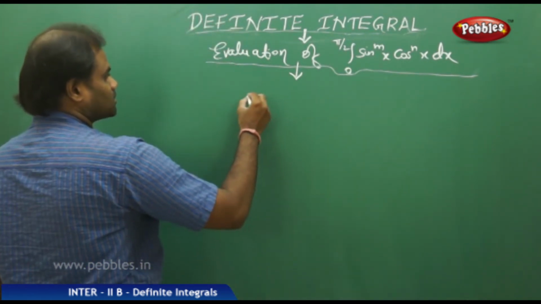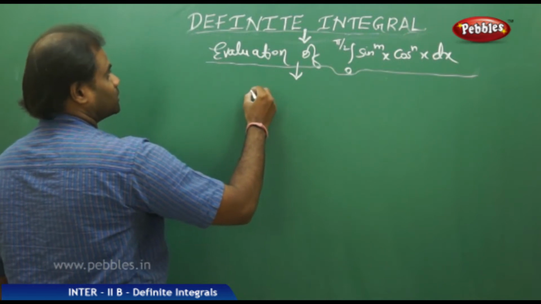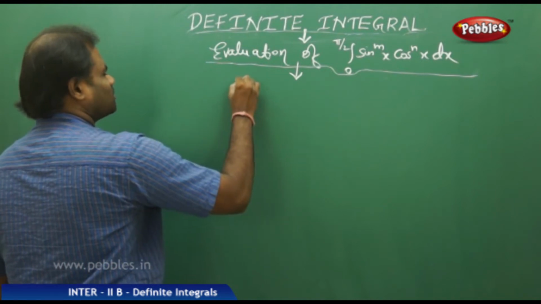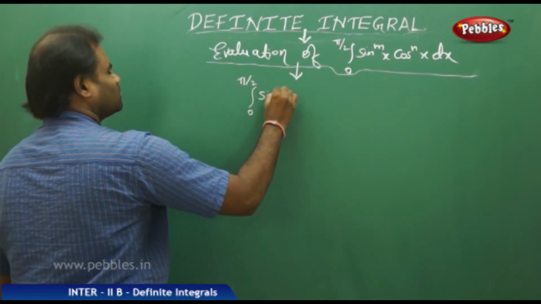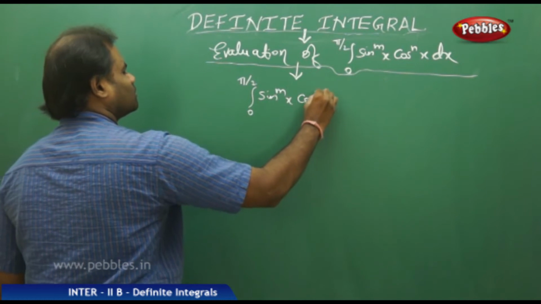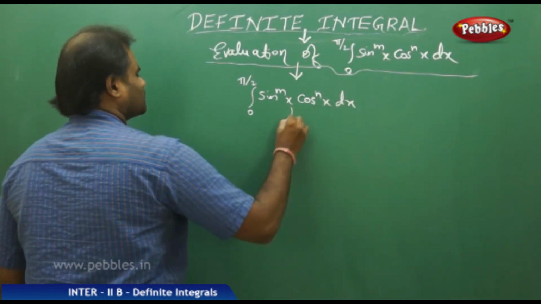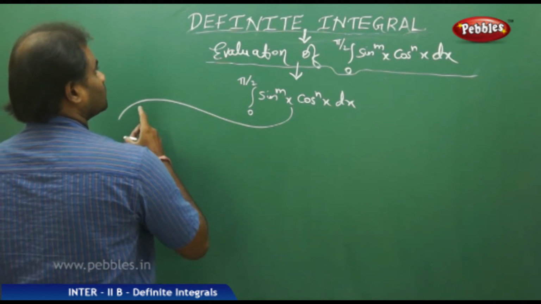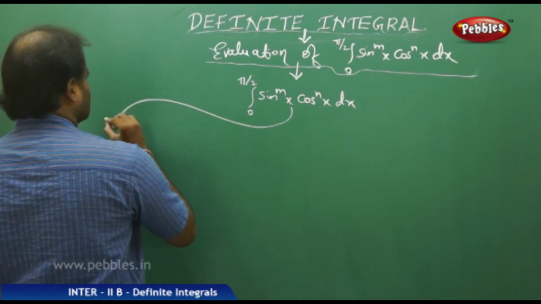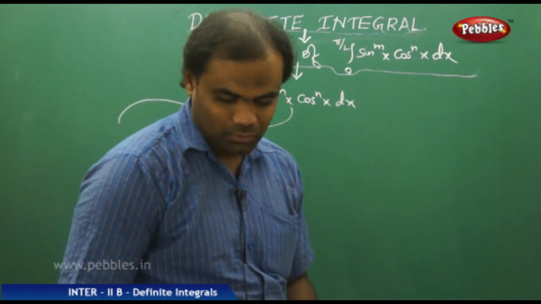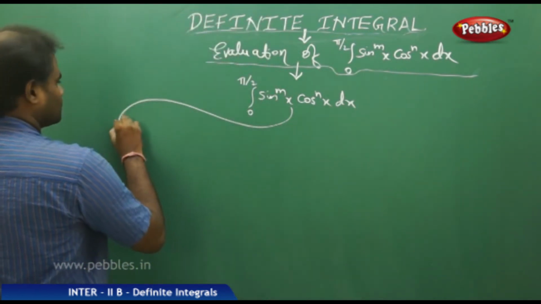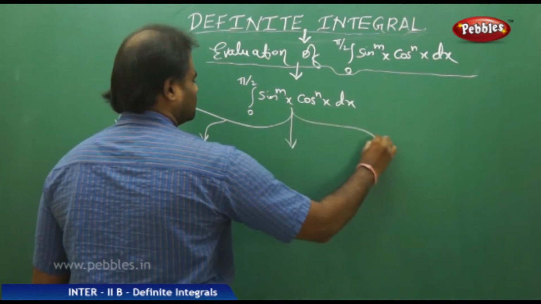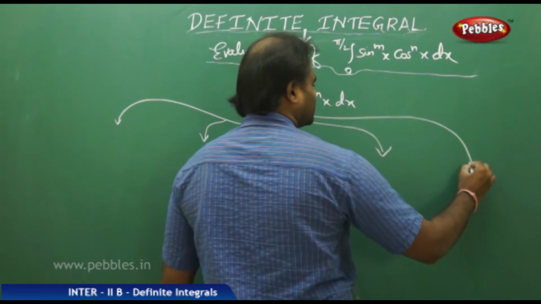There are different cases through which I can evaluate this integral from 0 to pi by 2. Totally 5 cases: 1, 2, 3, 4, 5.